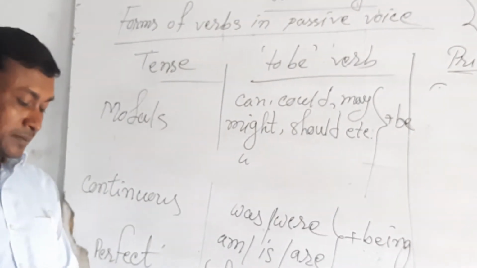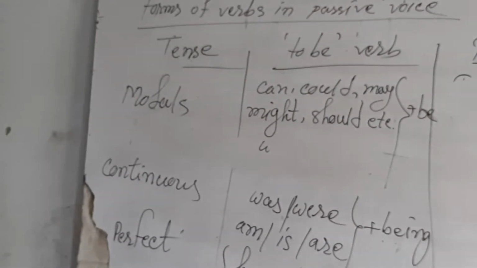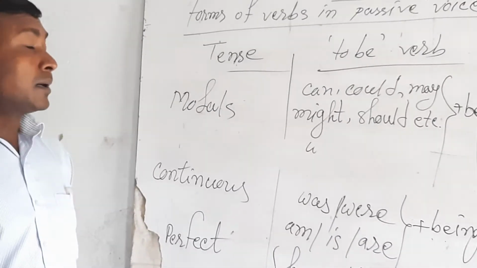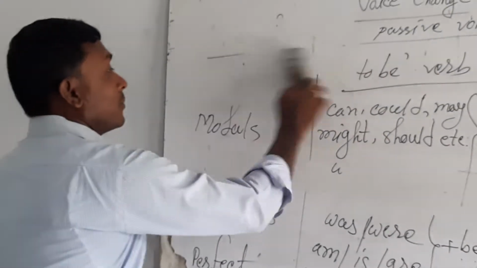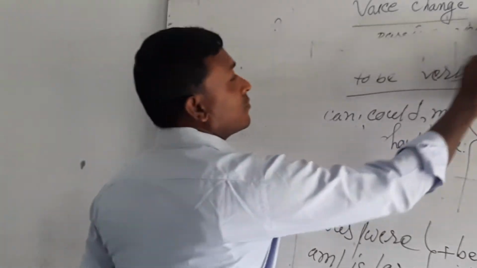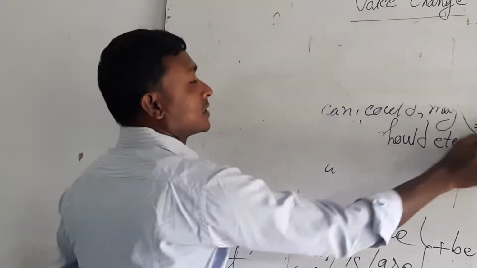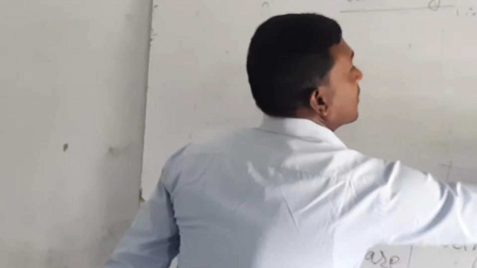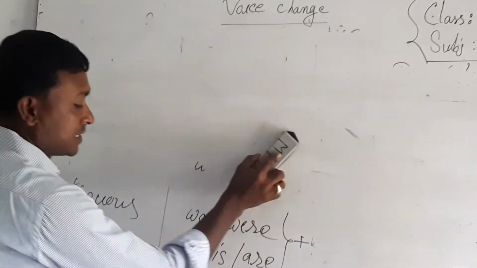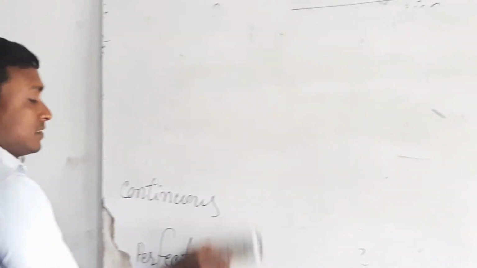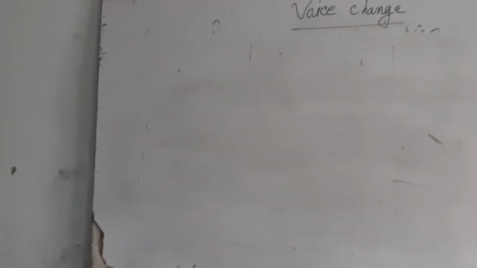So dear learners, remember, we have to know the form of pronouns. It is too important. If we want to change an active voice into passive, the form of pronouns is very, very important. So dear students, follow me. How can we change the subjective and objective forms at the time of changing active into passive and passive into active?